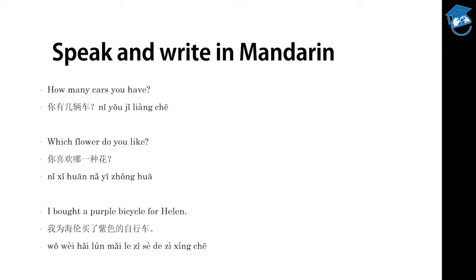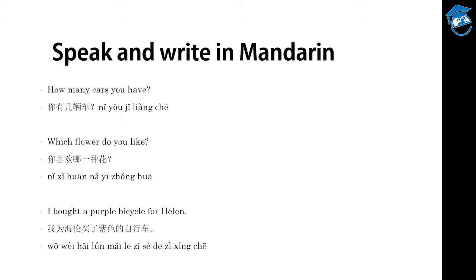Okay, so let's break it down. So I bought a purple bicycle. So a purple bicycle is 紫色的自行车. Okay, 紫色 is purple, 自行车 is bicycle, should be very simple and straightforward enough. And 买了 is bought, and for Helen you say 为海伦.